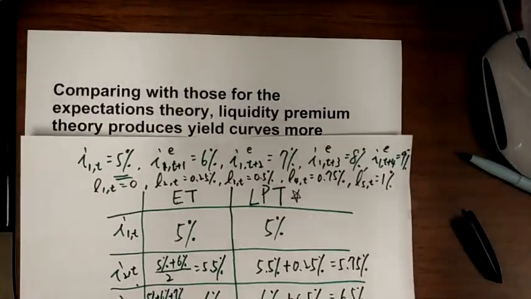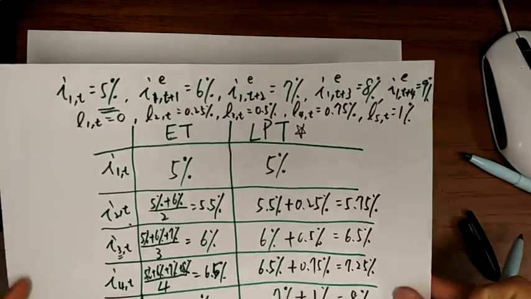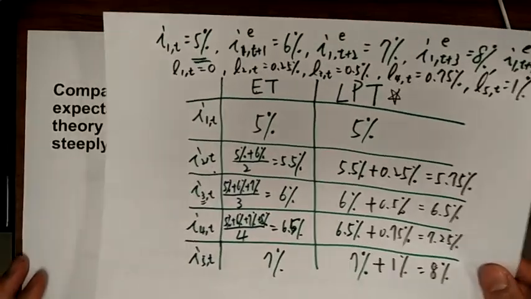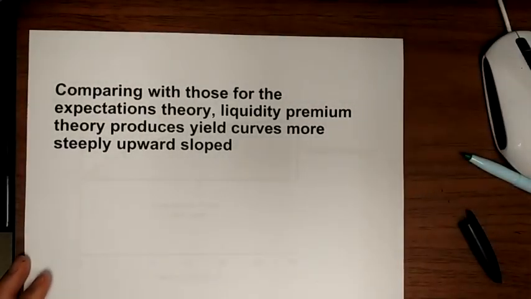When you are drawing yield curves implied by these two theories, what do you get?